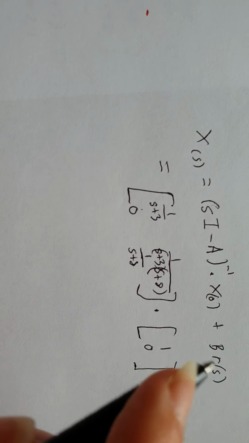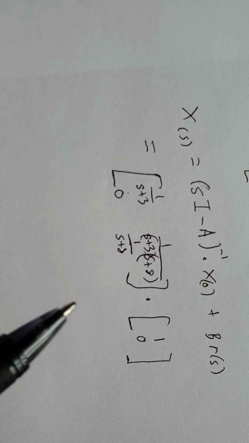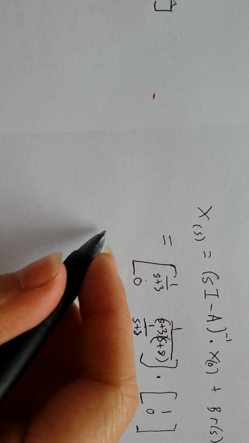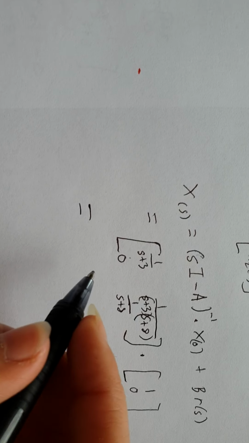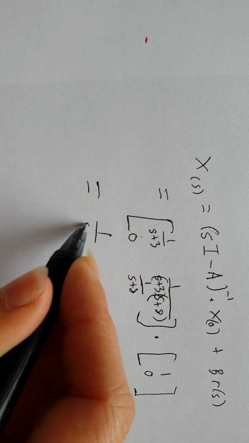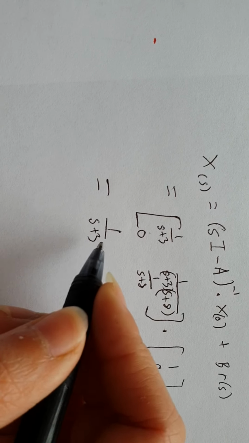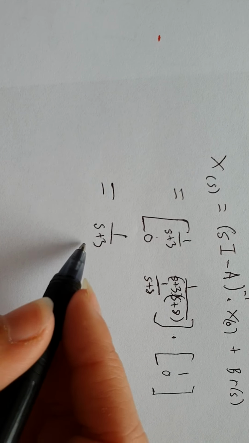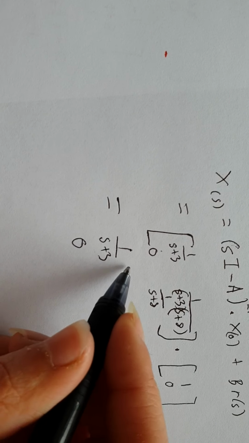Now we just need to use our matrix multiplication again to solve. So that equals 1 over s plus 3 and 0.